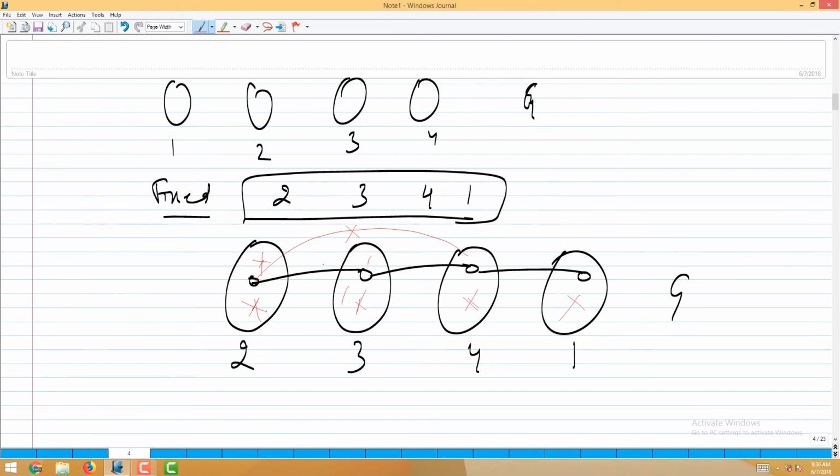In fact, we can remove all the across edges, as in edges that go between vertices colored with different colors, provided they are not adjacent in the ordering. So I'll not remove edges between 2 and 3, or 3 and 4, or 4 and 1, because those edges will be used by the path that I'm looking for.